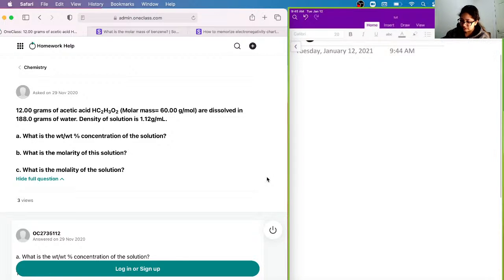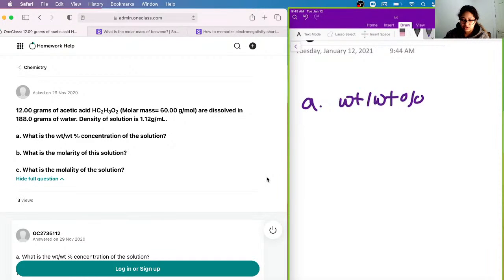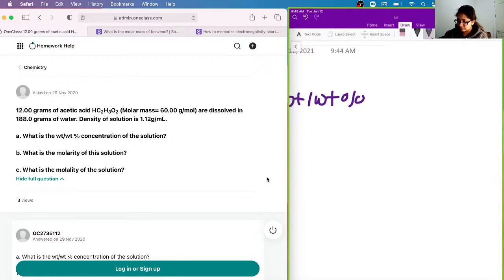So to find the weight to weight percentage, let's write A. Weight to weight percentage of the whole solution here. Since we're talking about weight, we need to include mass, and to do that, we need to find the mass of the solute and the whole mass of the solution, times that by 100.